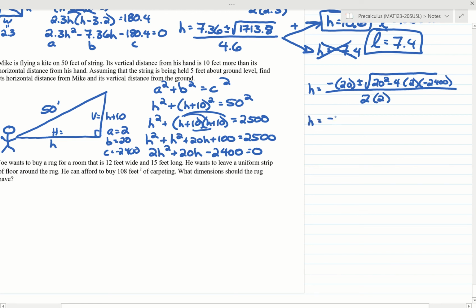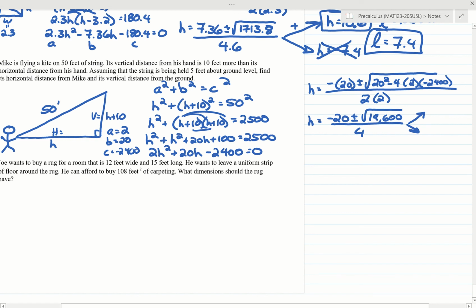This would tell us the height is negative 20, plus or minus. If you do this here, we get 20 squared minus 4 times 2 times negative 2400. That's 19,600, divided by 4. And that's going to give us two answers.